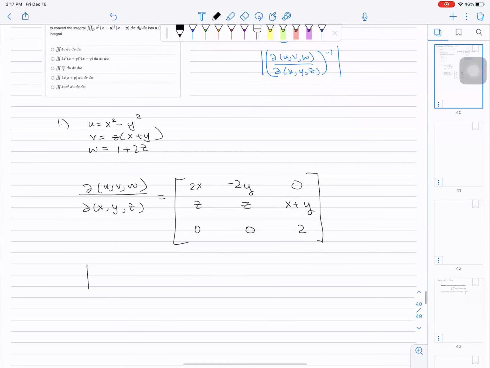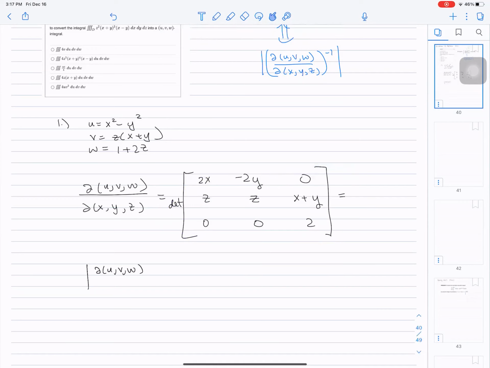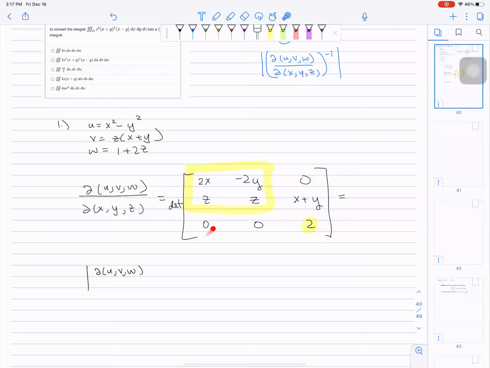Okay. Now, what is the absolute value of this determinant? How should I find this determinant? I can use minor expansion, and I can use minor expansion on any row or any column I want. For example, let me choose the third column.